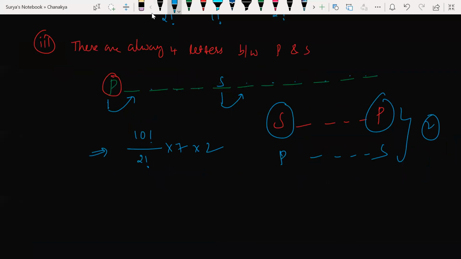Yes. So 2, and third possibility here. Fourth, fifth, sixth, seventh. Getting my point? Total 7 possibilities like that where I can have 4 letters. So this is my final answer, clear?